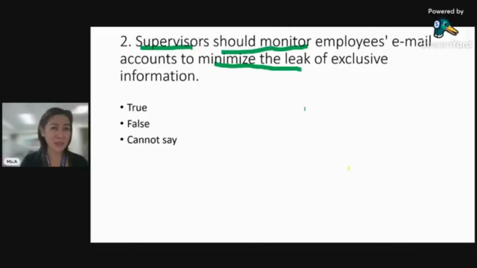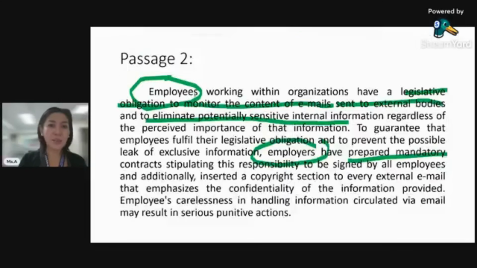I-monitor ba ng mga employer or ng mga supervisor? Wala pong sinabi. Cannot say kasi sa employer galing yung memo. Actually hindi po talaga totally memo. It was a contract. You see? There's a contract here that was signed by all the employees.